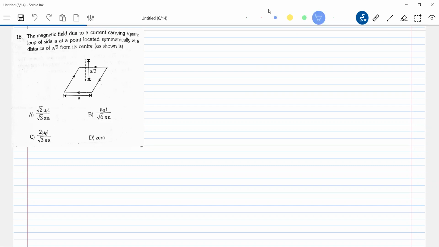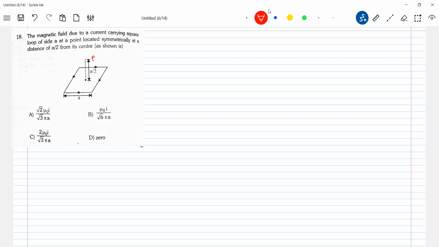Now look at the point. The point lies at a distance A by 2 is what it is asking. So there's a point P you can take. Where is the point P? On the axis here. The magnetic field due to a current carrying square loop of side A, at a point located symmetrically at a distance A by 2 from its center.